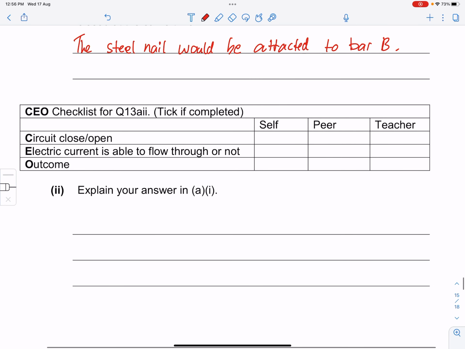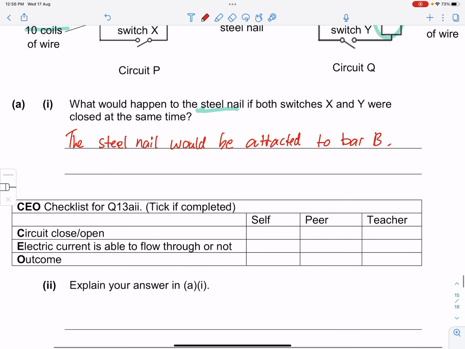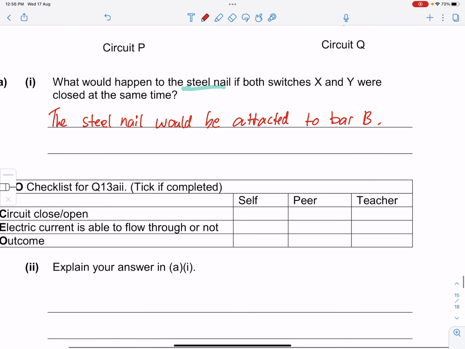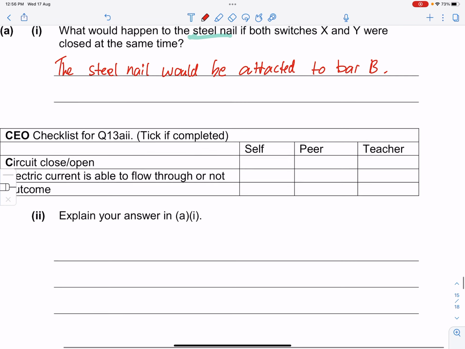Now this part is important. You have to use CEO to answer. Okay? So you will need to say that both become an electromagnet. However, one has more. So that's where you need to put in that differentiation. So I'm going to show you that. Okay?